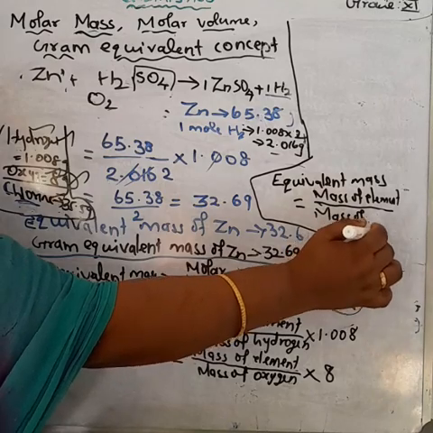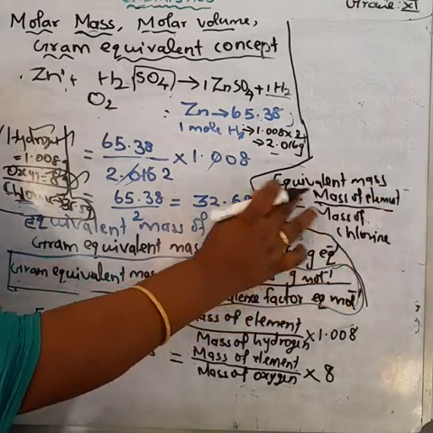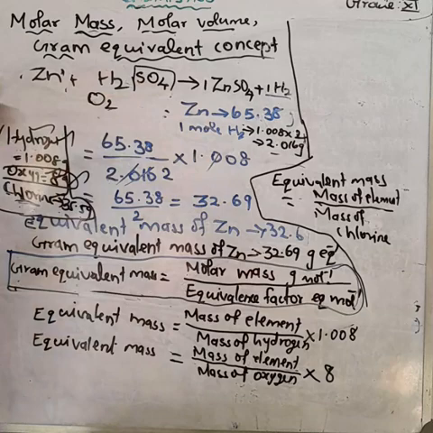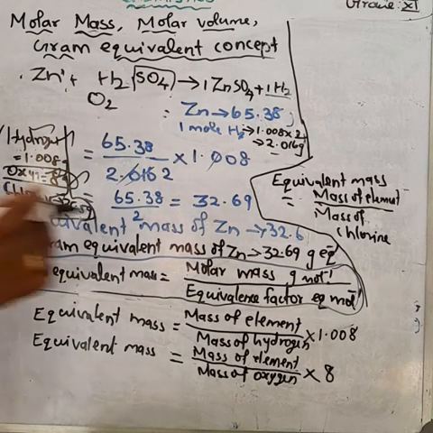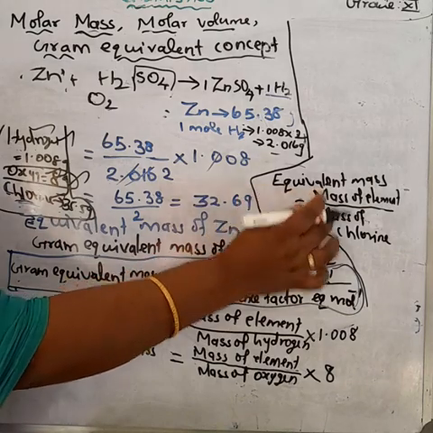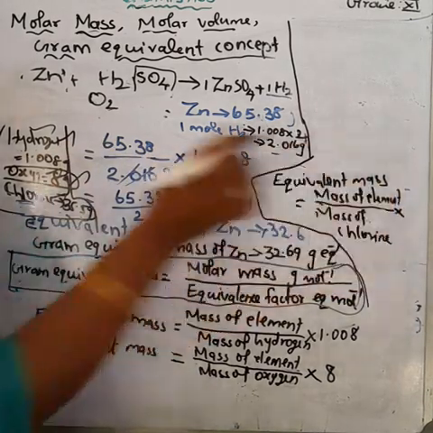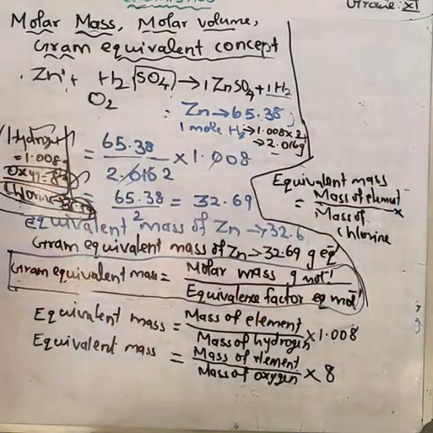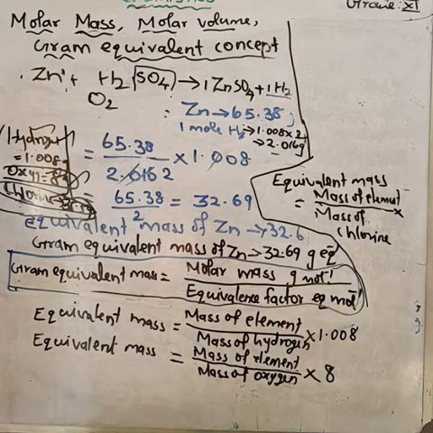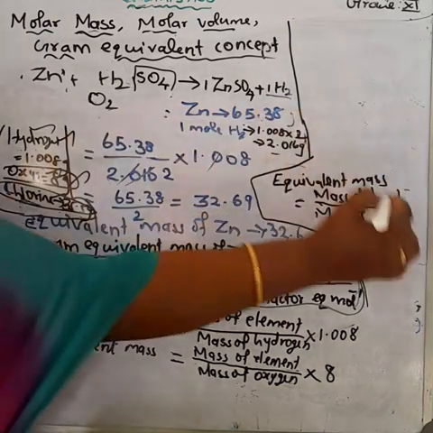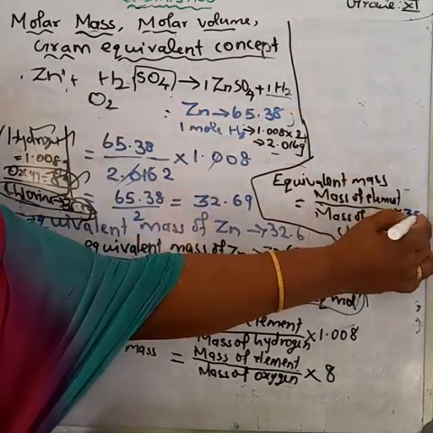How much chlorine is displaced, that mass. Understood? Into what is the mass of chlorine given in your definition? 35.5, into 35.5. We get the equivalent mass of the element.